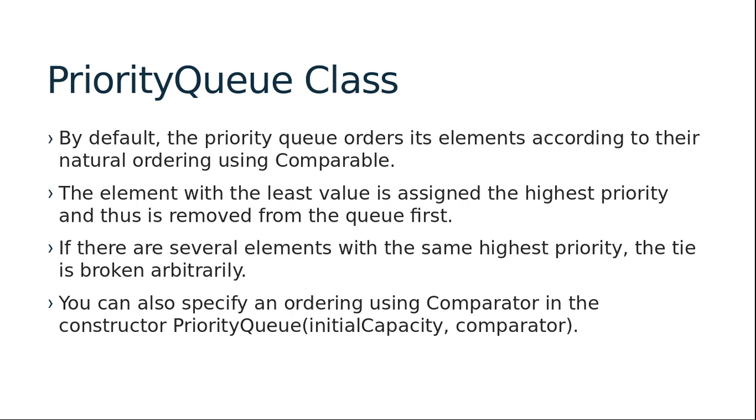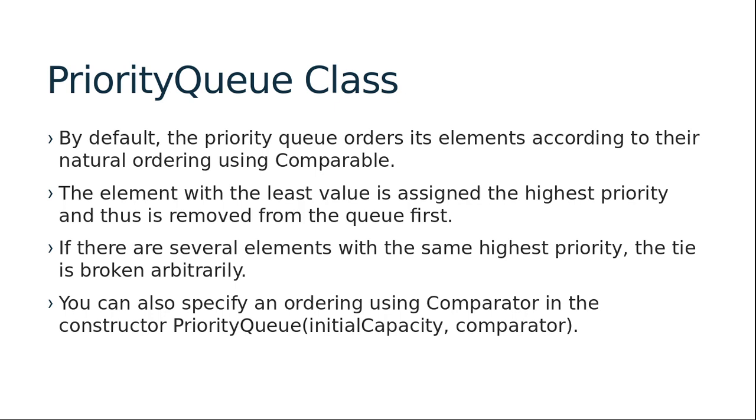Then we want to look at the priority queue class. Priority queue is a concrete class, so you can directly instantiate this class. By default, priority queue has ordered elements according to their natural ordering using the comparable.